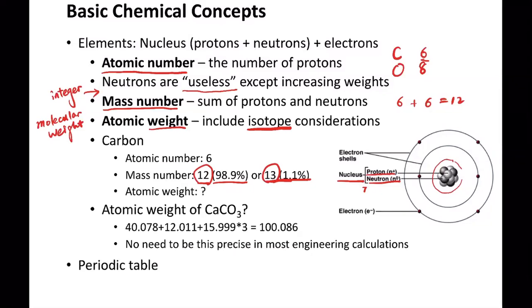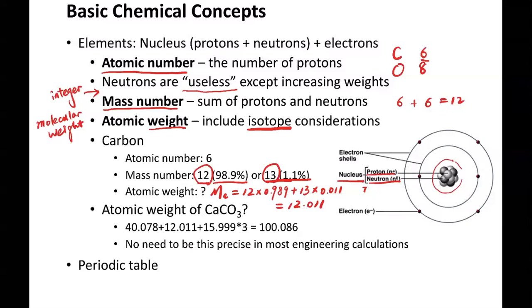So if you do a weighted average, then the atomic weight of carbon is going to be 12 multiplied by 0.989 plus 13 multiplied by 0.011. Okay, so if you have a calculator, then you can find that this number is 12.011.